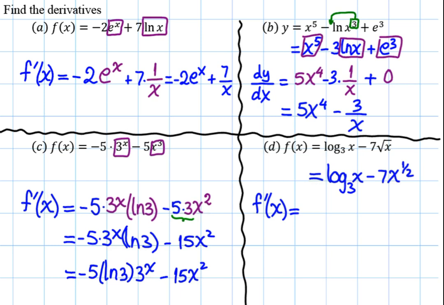The derivative of log base 3 of x is 1 over x times ln of the base. So that is the derivative of log base 3 of x. And then we have minus 7 x to the 1/2. The derivative, power rule, is 1/2 x to the negative 1/2.